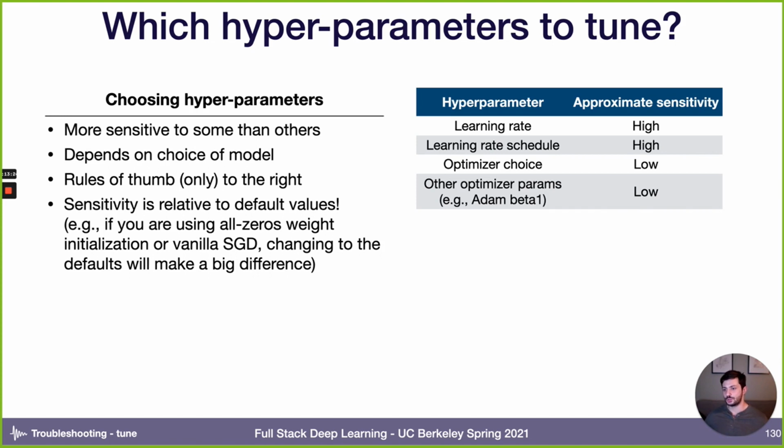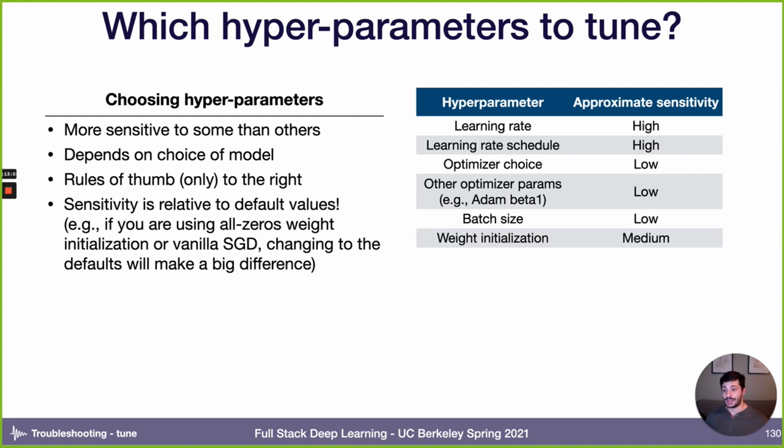You can try tuning other optimizer parameters like beta 1 for Adam. Unless someone else tuned them in a paper and told you that it depends on this particular choice of beta 1, then usually I wouldn't really mess around with this too much. I haven't found it to make that big a difference, although some people say that it makes a big difference for some problems. Batch size, I would say generally is not really a great thing to tune. I would just generally pick the biggest batch size that you can while still fitting on your GPU.